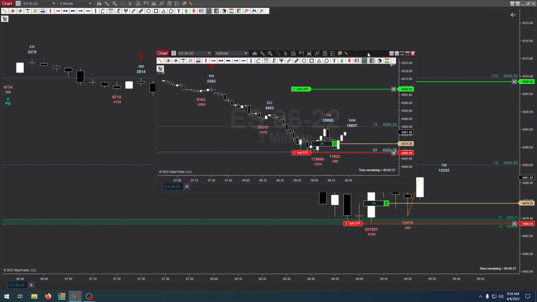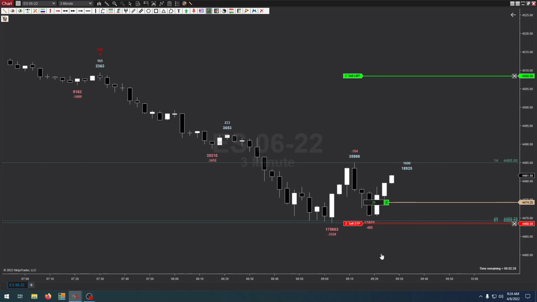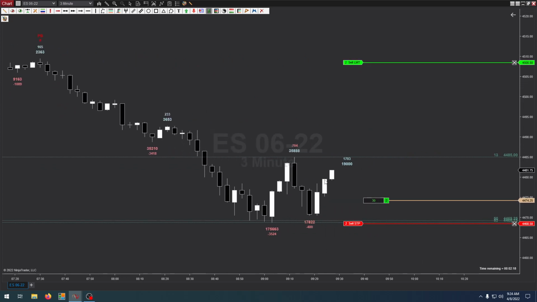Back to the 3-minute, these are the two I was looking at. So what we're getting is candles. We're getting higher highs right here on the up move. We're getting higher highs and higher closes, which means candles are closing higher than the prior candle closed.